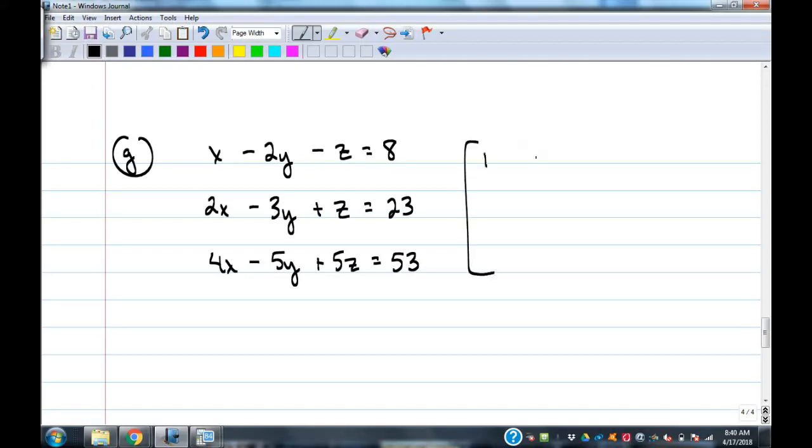So that thing in the matrix: 1, -1, -2, -1, 8, 2, -3, 1, 3, 4, -5.